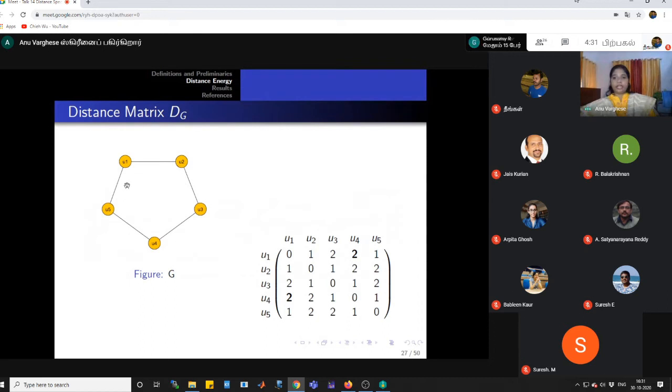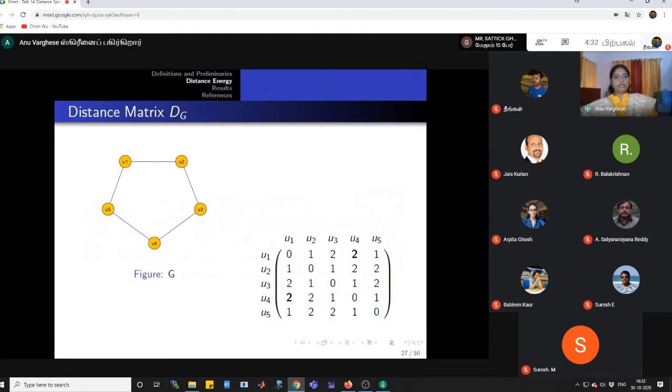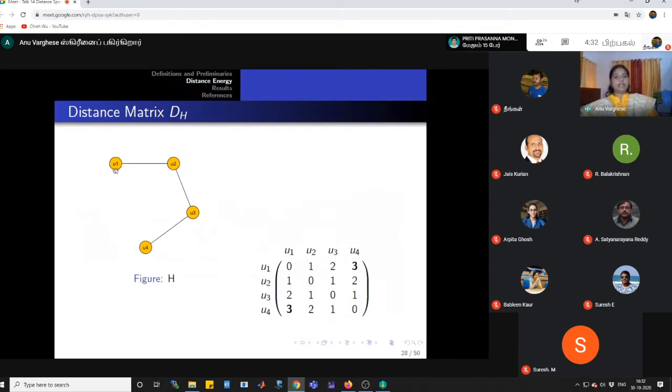U1 and U4 are at distance 2, so the 1,4 entry is 2. If we delete a vertex, U5, then the distance between U1 and U4 will be 3.